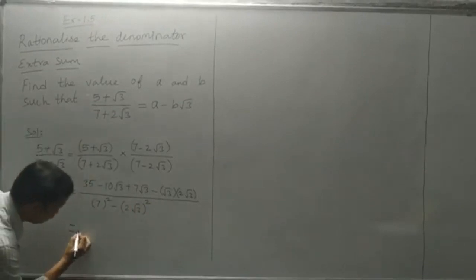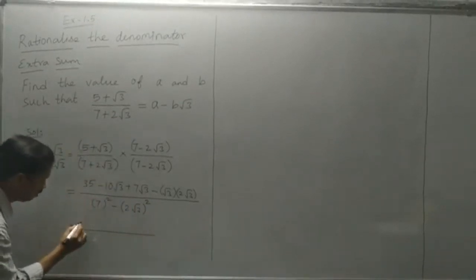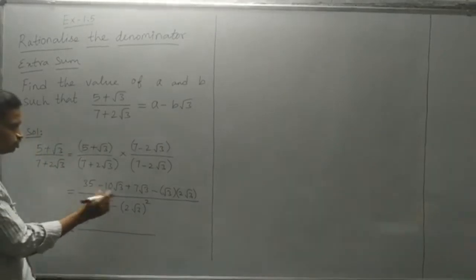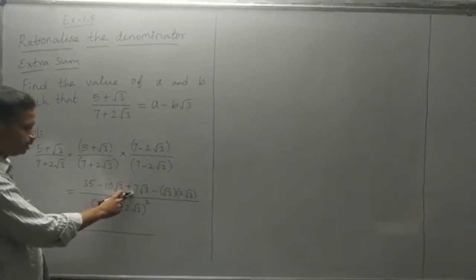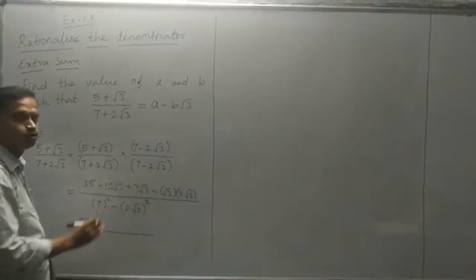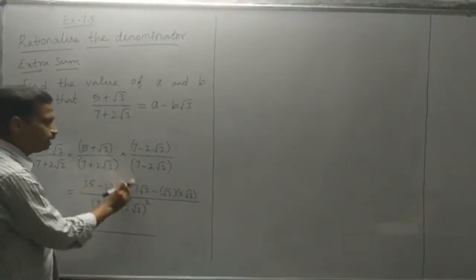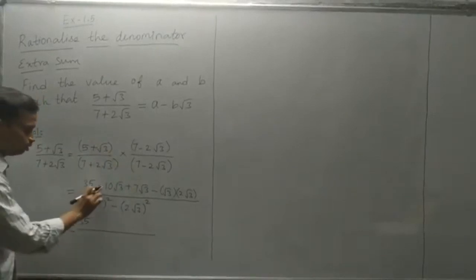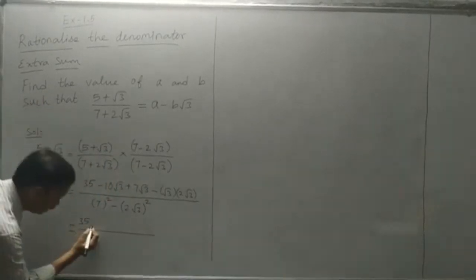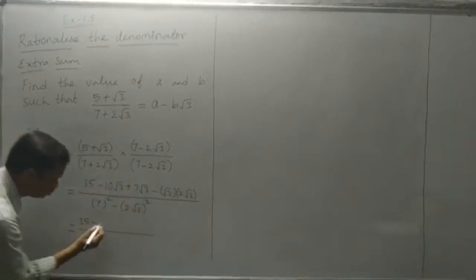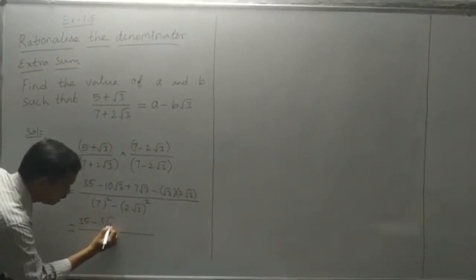We have to simplify again. 35 as it is. And this is minus 10 root 3 and this is plus 7 root 3. So both are root 3 terms. So minus 10 plus 7. What is the value of minus 10 plus 7? Which is bigger? 10, so minus. The difference of 10 and 7 is 3. So minus 3 root 3.